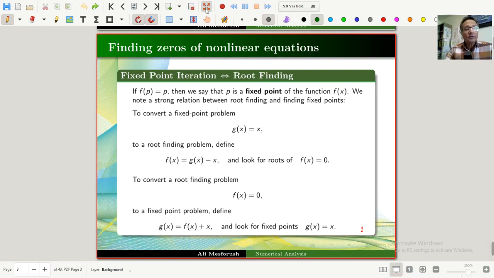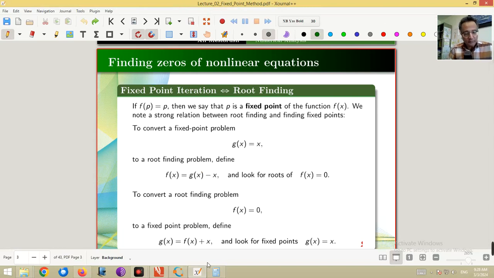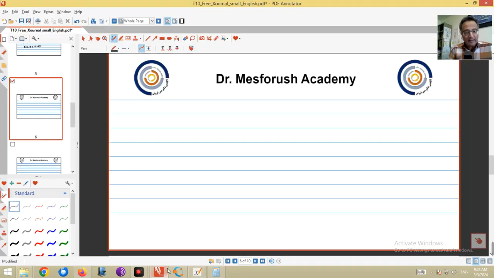Let me show you the fixed point by an example. We have a function like this. Let me draw it better, like this.